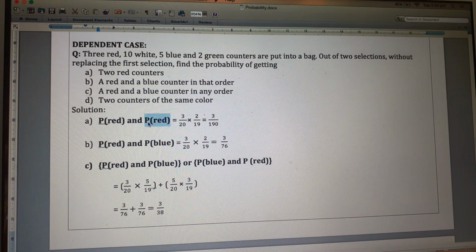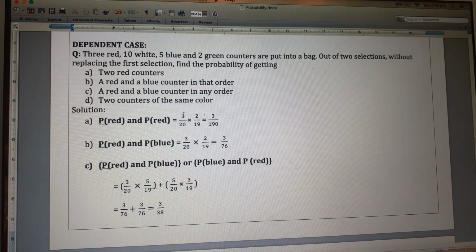And when I will be going for my second selection, I have taken out 1 red counter. After taking out 1 red counter, I will be left with 2 red counters instead of 3. And because I haven't replaced the red counter into the bag, that's why they have told us here without replacing, this one is not replaced.